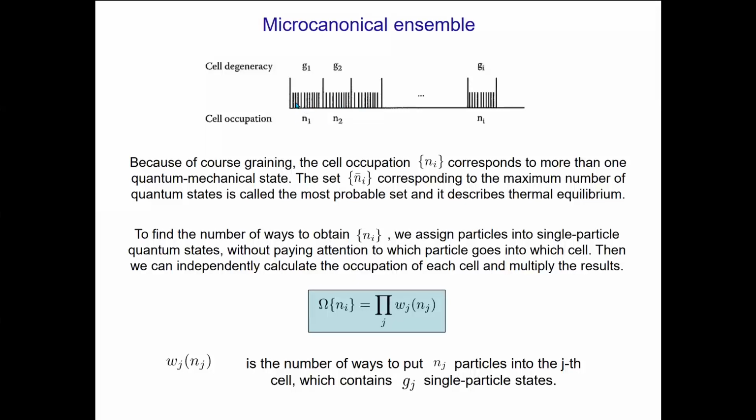We just count the number of particles, or occupation numbers, in each cell, okay? So this already automatically introduces indistinguishability of particles, because our counting now is based not on individual particles, but on occupation numbers.